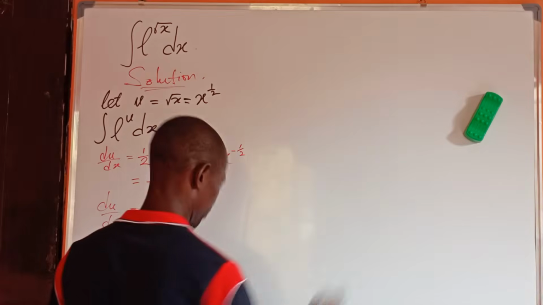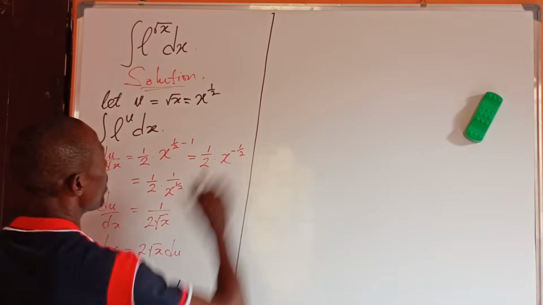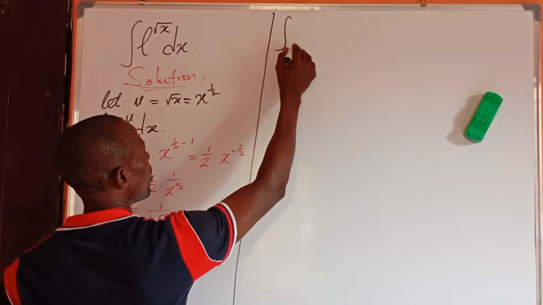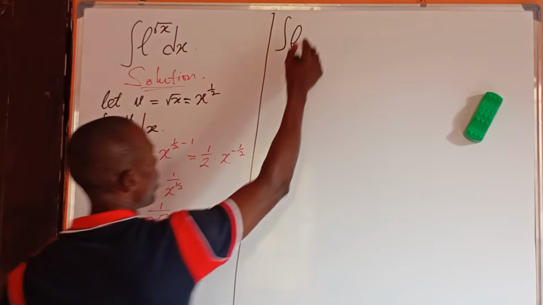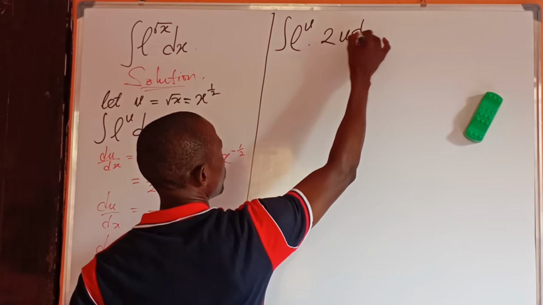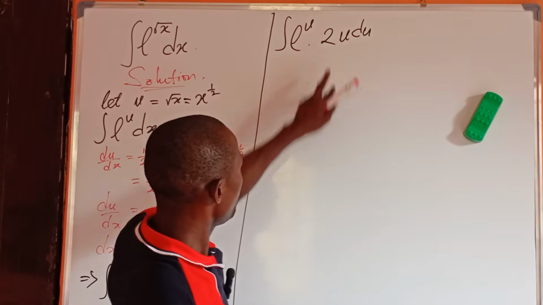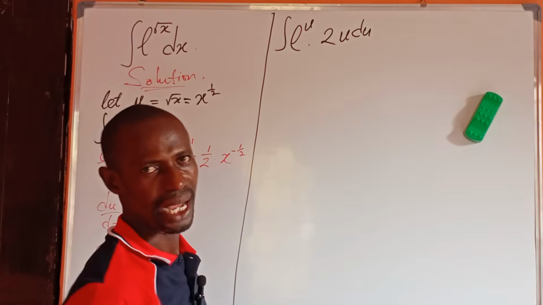We can now rewrite this as the integral of e raised to the power of u times 2u du.